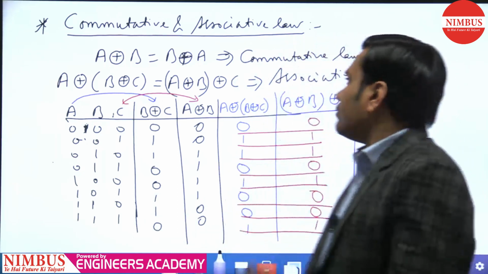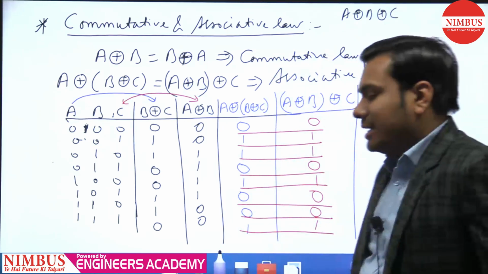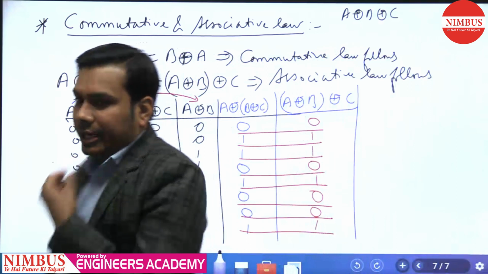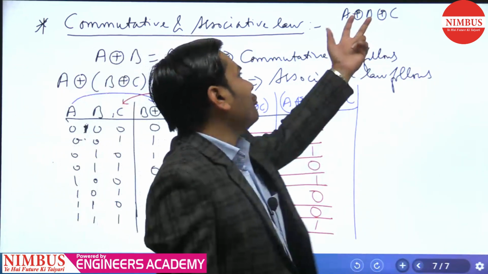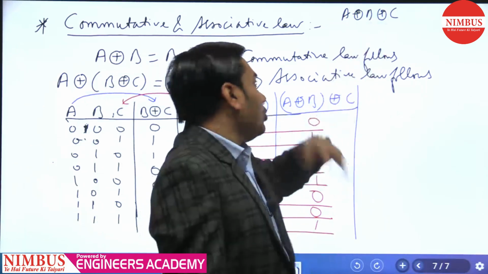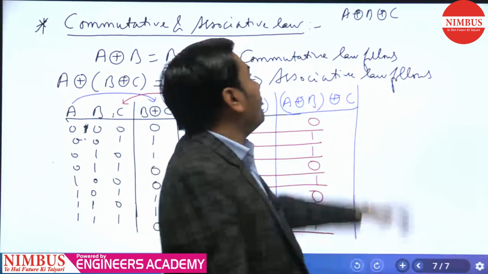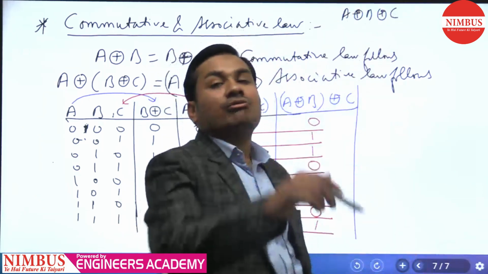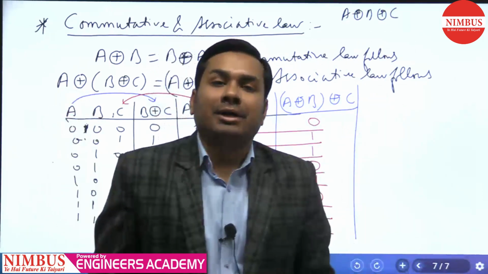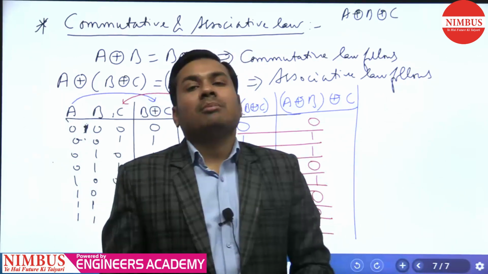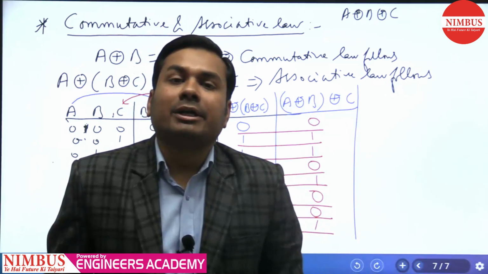Since XOR is a 2-input gate, we can perform A XOR B first and then XOR with C, or B XOR C and then XOR with A, or A XOR C first and then XOR with B. All of them have the same answer. That means order doesn't matter when the gate follows the associative property.